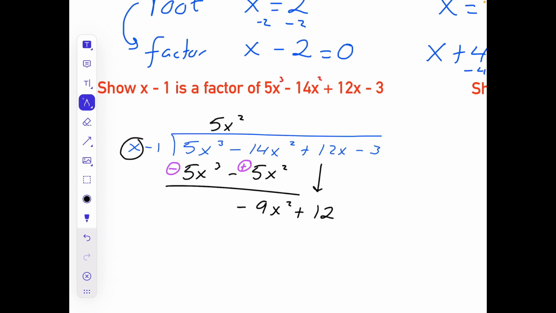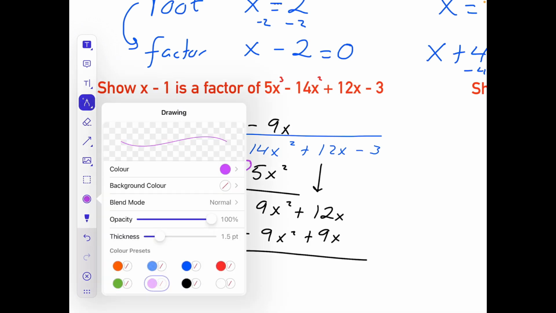From here then we repeat. What would you need to multiply x by to get minus 9x squared? You'd multiply it by minus 9x. We then need to fill in our two numbers here. So minus 9x multiplied by x will give me minus 9x squared, and minus 9x multiplied by minus 1, that would be plus 9x.